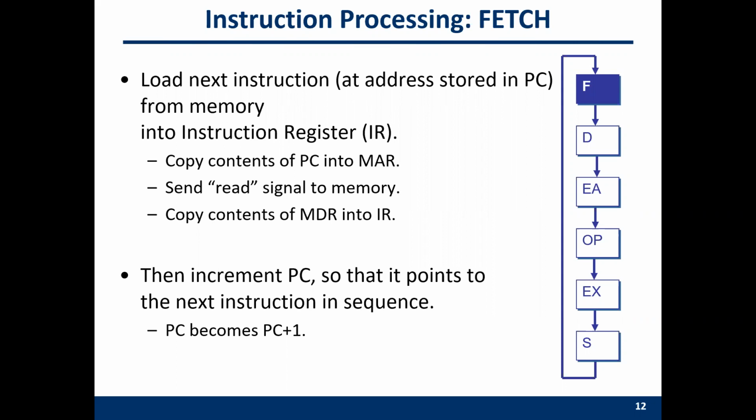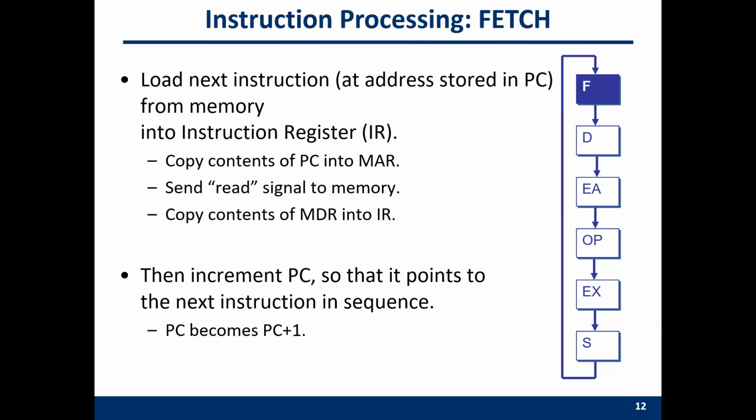And then you issue a read signal, and after the memory gives you the data, you copy the data from the memory data register to the instruction register, which is the IR. So basically, these three steps describe how you can achieve this goal.